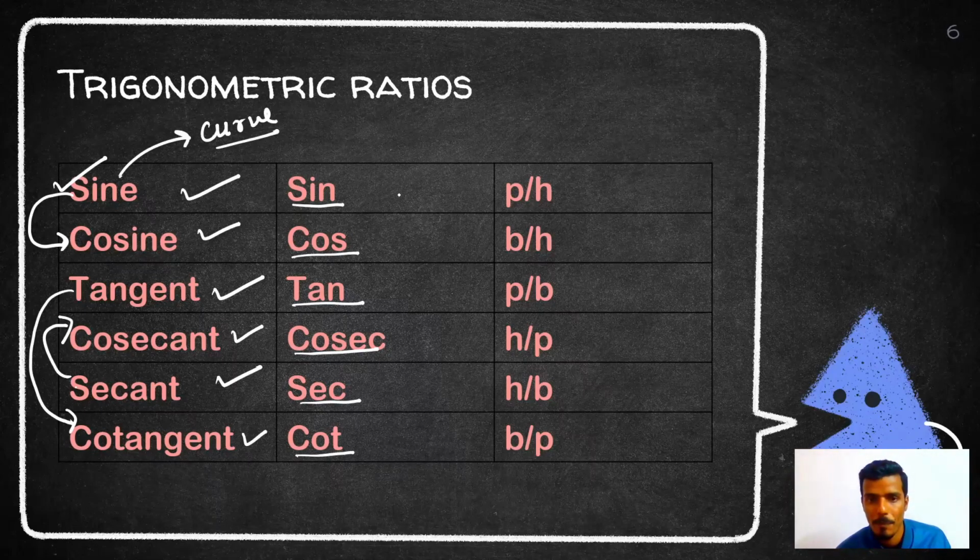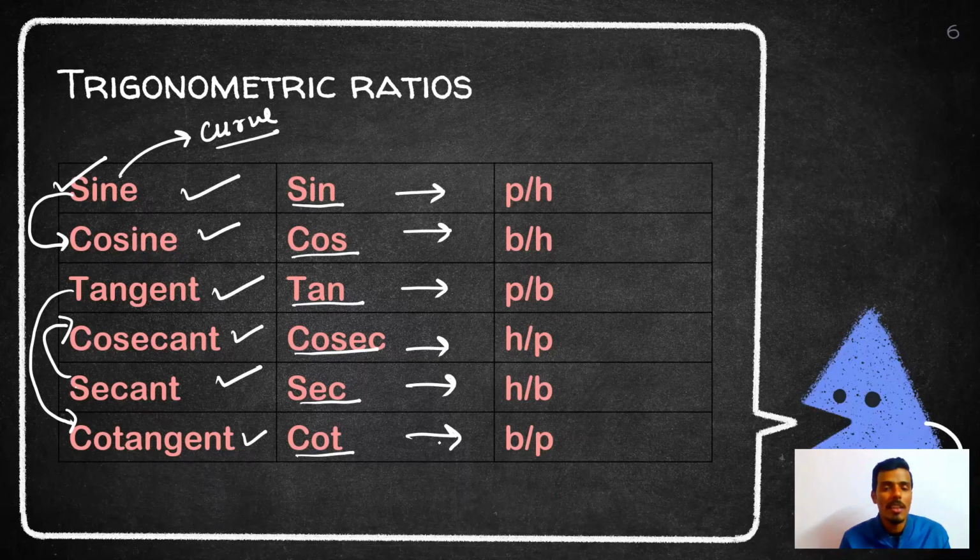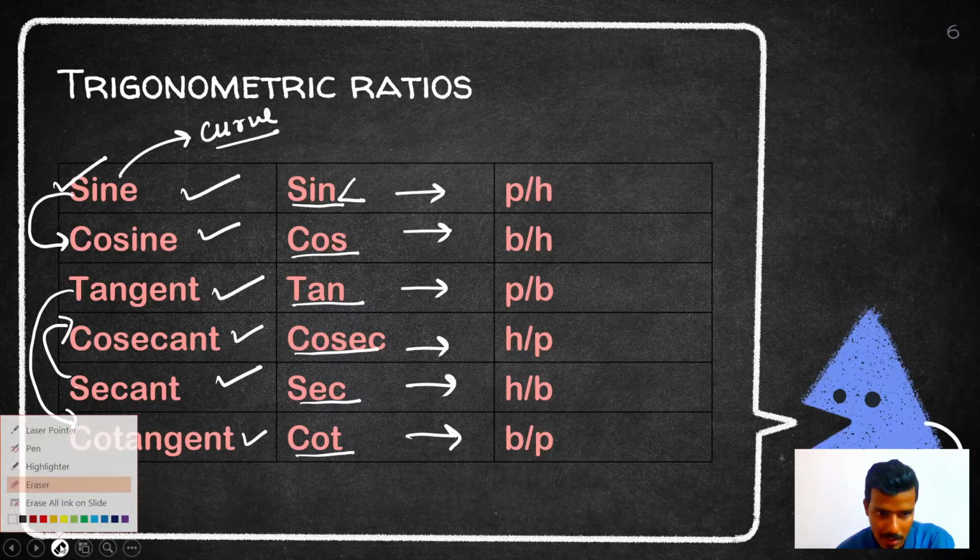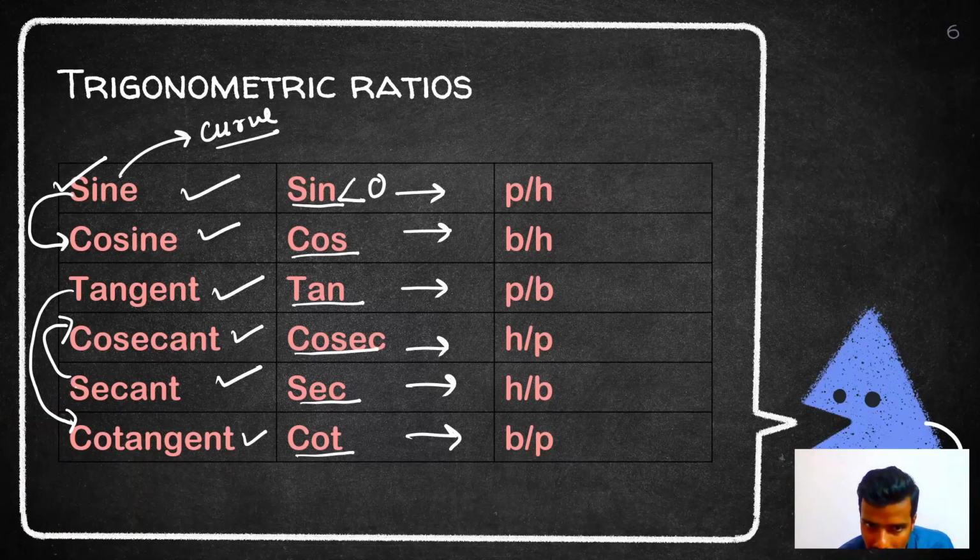Now, for these 6 trigonometric ratios, we have 6 formulas. Suppose the angle is theta. Sine theta equals P by H, perpendicular by hypotenuse. Perpendicular means the opposite side.